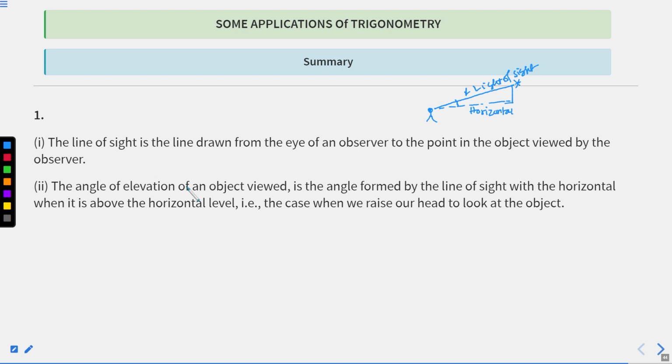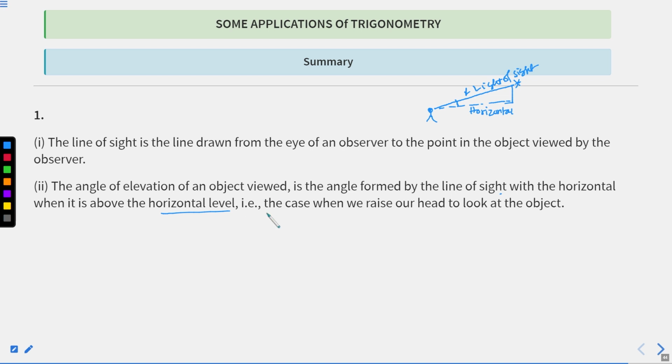Okay, so the angle of elevation of an object viewed is the angle formed by the line of sight with the horizontal when it is above the horizontal level. Okay, and that is the case when we raise our head to look at the object.